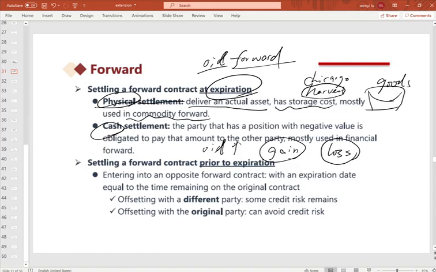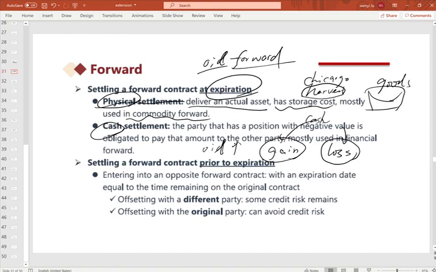We will not physically deliver the oil. Instead, the people who take a loss will pay the money to the people who make the gain. So we only settle this payment using cash directly. We will not involve delivery of the real goods and will not incur any storage cost.